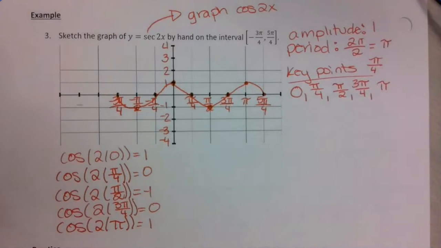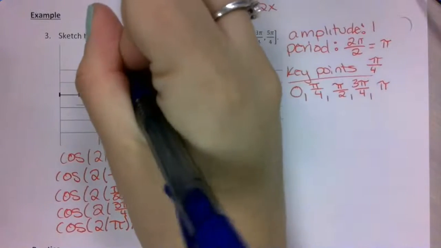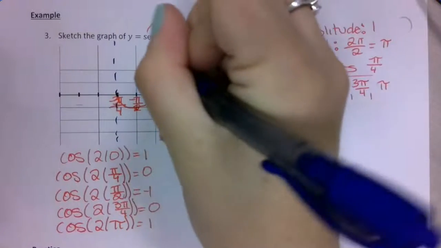Okay, then, just like with the cosecant, I want to draw asymptotes where my y equals 0.